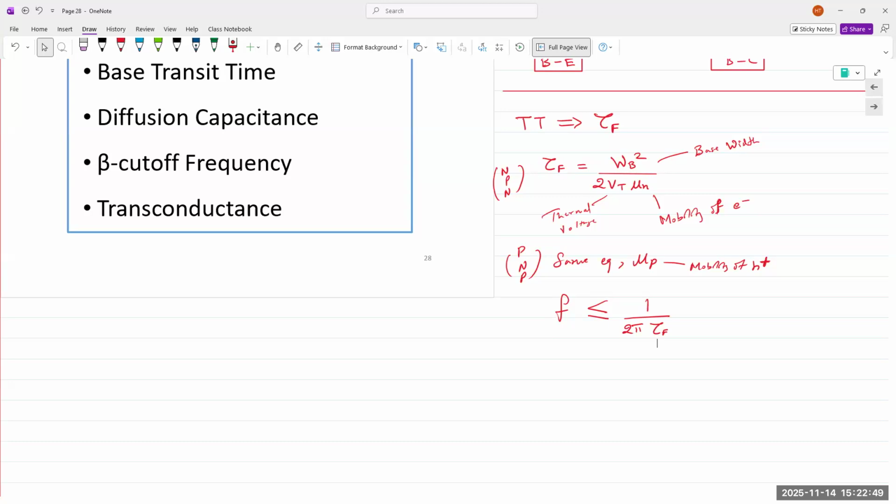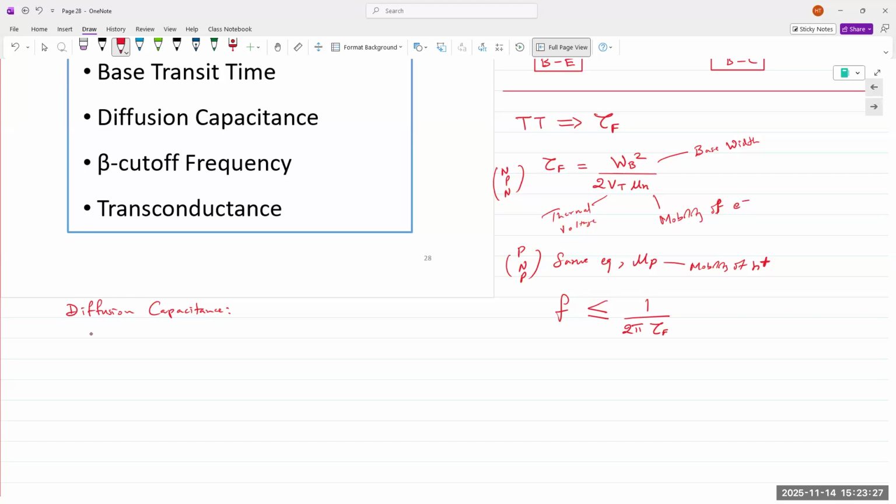Okay, let's move through the next three quickly. There is diffusion capacitance. It's associated with the charge that is stored in the emitter and the base region. Since the charges are moving through the junctions, the charge is stored in the base region before it goes over to the collector, and so the stored charge can be modeled as a capacitance.